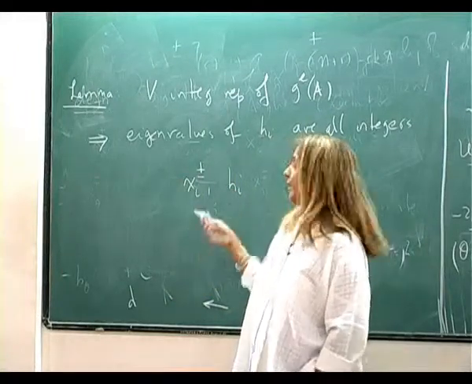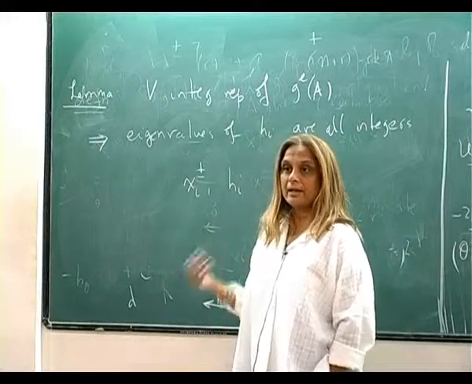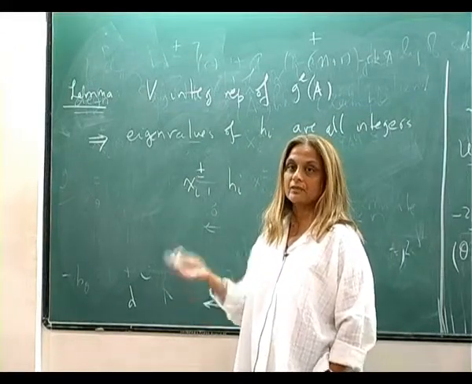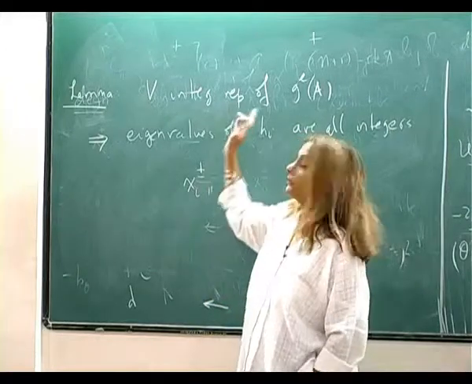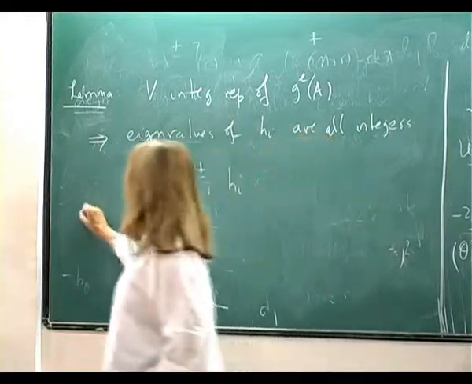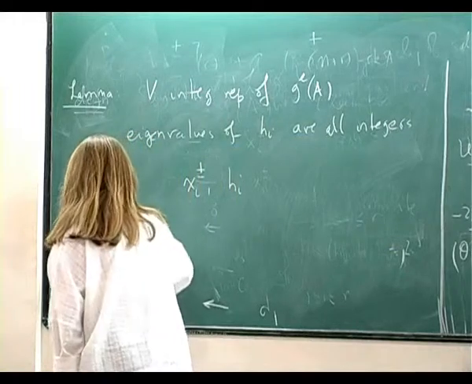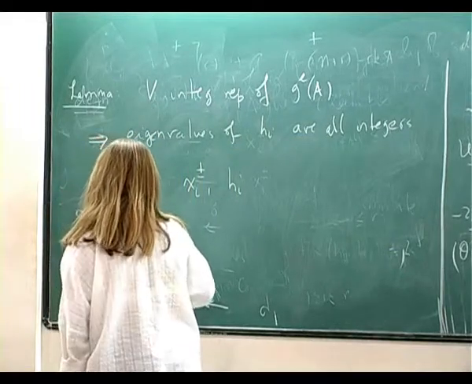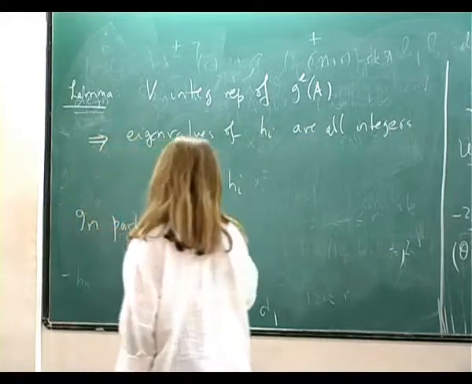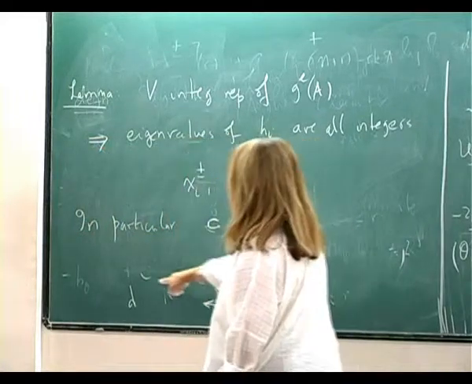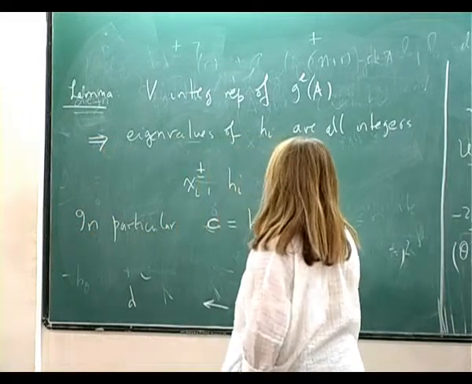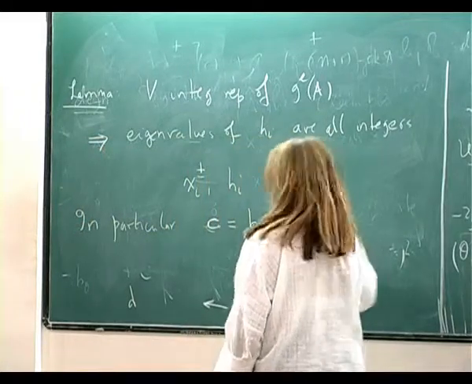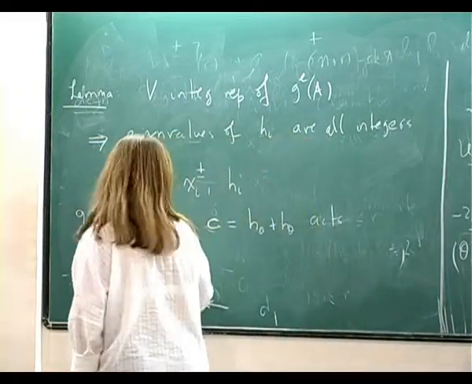And I said yesterday that on any finite dimensional SL2 representation, the eigenvalues of the h's are all integers. So you know this. In particular, what is C now? In this explicit realization that I wrote, C is equal to h0 plus h theta, which acts as integers on integrable representations.